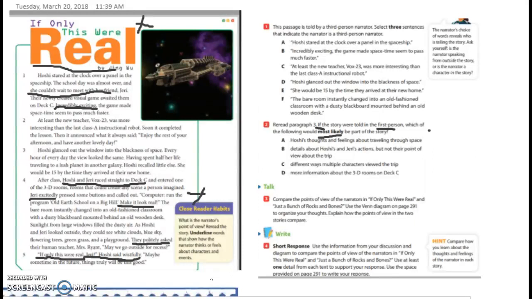Question number 1 says, this passage is told by a third-person narrator. Select 3 sentences that indicate the narrator's third-person point of view. You need to look for words that show the characters, but not using words like I or me or my. So words that show what the character is doing or thinking or acting like.